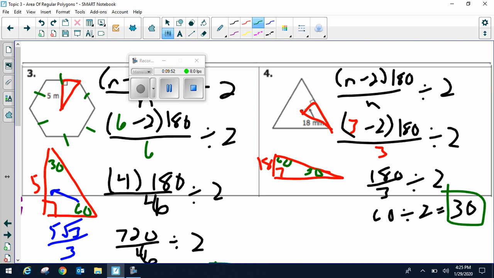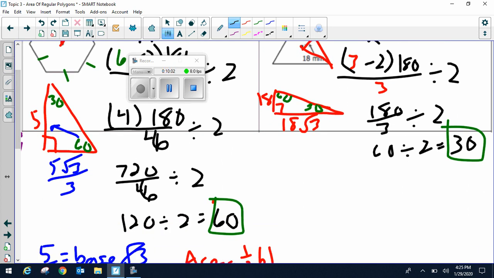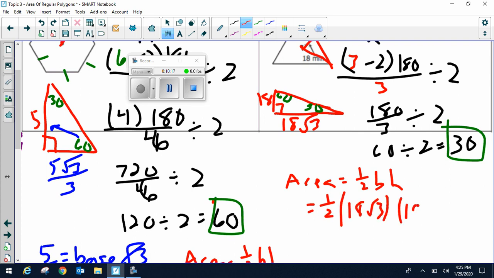But this time you have the short side. So remember, the next side would be the short side times the square root of 3. So I have my base, and that's always the case. So we can find the area of this triangle by doing area is equal to 1/2 base times height. So the base is 18 square root 3. The height is 18.